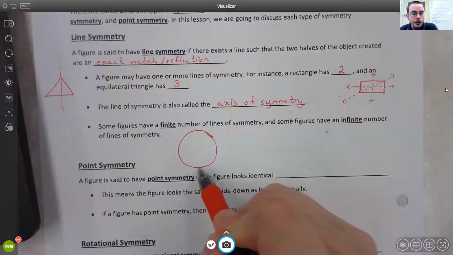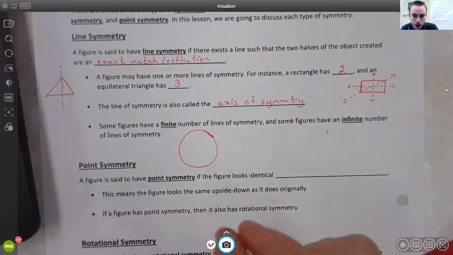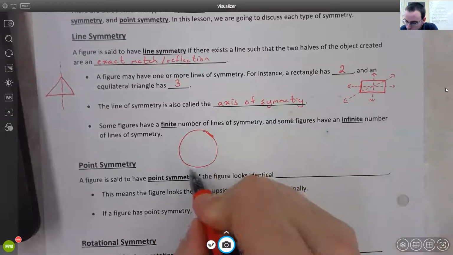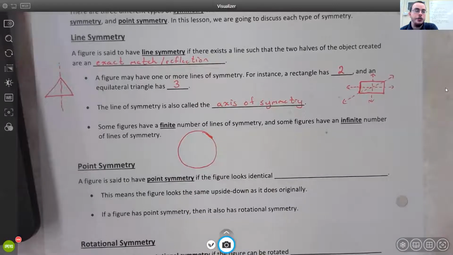You can do it here, here, here, here, here, all the way around the circle, and there is no end to the number of lines of symmetry because you can always get smaller and smaller and smaller in your precision. So a circle or another round object, say a sphere, would have infinite numbers of lines of symmetry. Okay, something like a rectangle or square or something like that would only have as many as you could count. So make sure that you pay attention to that.